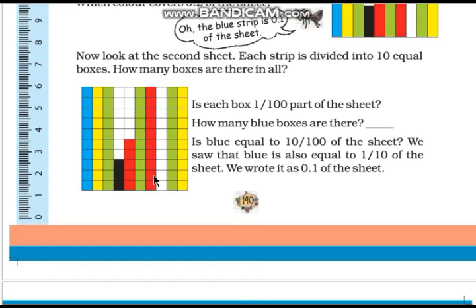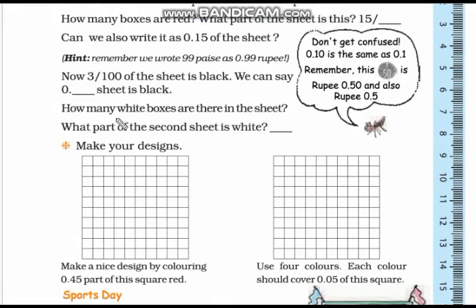So in total, 22 boxes are white. So 22 white boxes in the sheet, and the part of the second sheet that is white is 22 upon 100. So 22 hundredths part of the sheet is white.